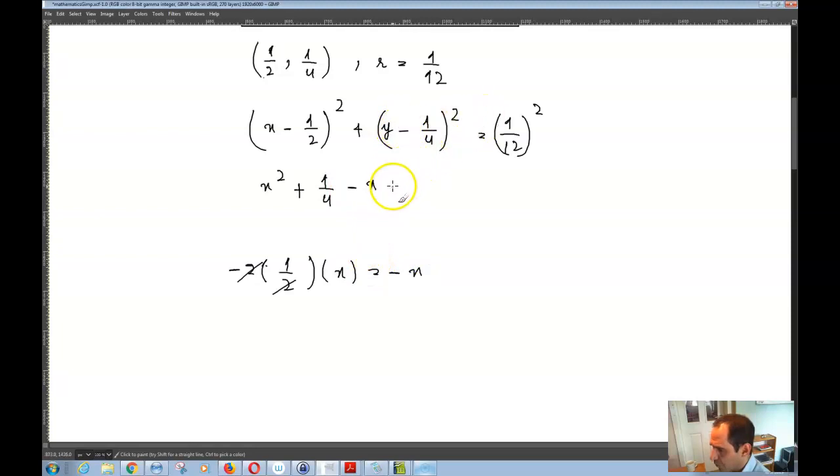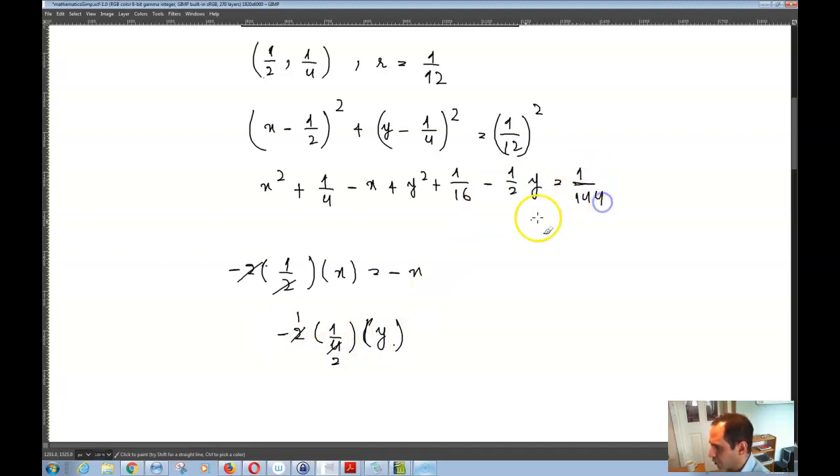Then here you have y squared plus 1/16, and then negative 2 times 1/4 times y, which is negative 1/2 y, is equal to 1 divided by 144.